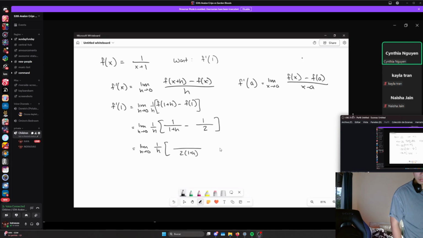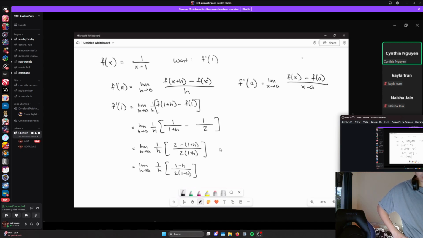And then after that, simplify everything. So this is going to be 2 minus 1 minus h. So I have 1 minus h on top and 2 times 1 plus h on the bottom.